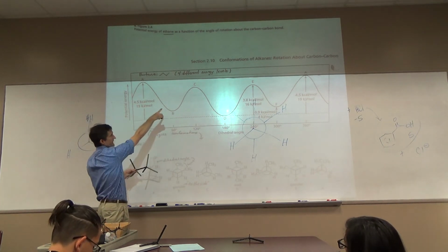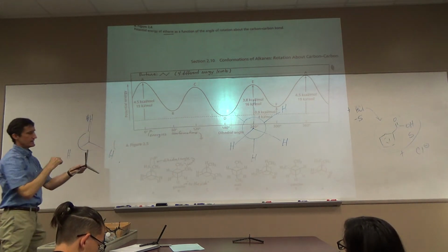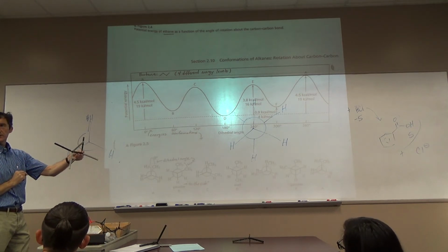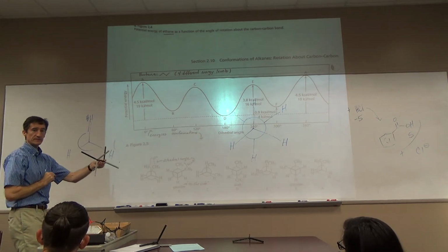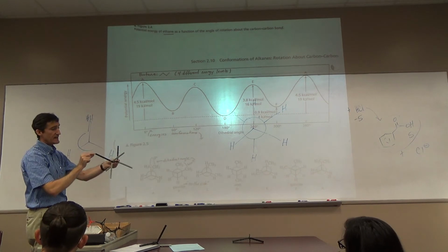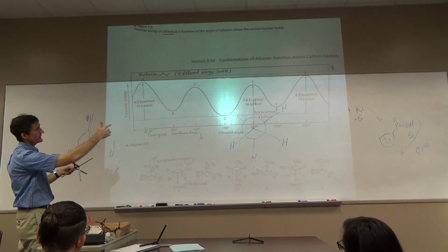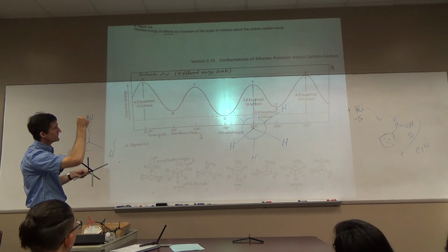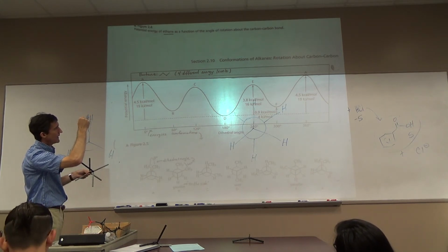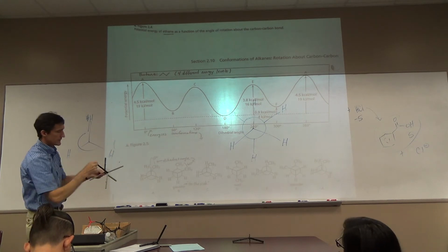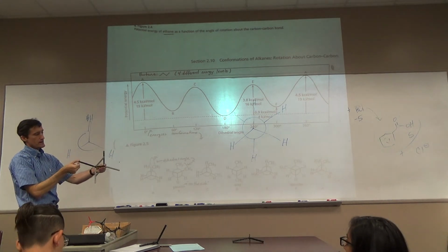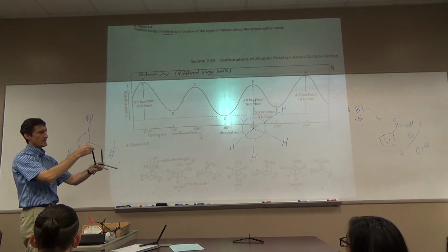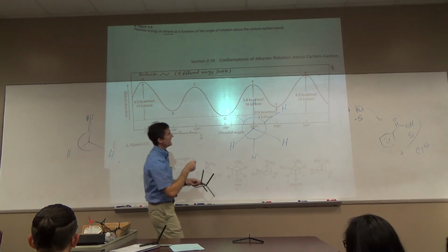That's E. That's just like C, but it's not as bad as A. Come here. What do we got now? Staggered, more specifically, gauche. And that gauche is the same as the previous gauche. So we got F. It is staggered, but it's not as good as anti-staggered. And then we come all the way back for a full rotation, and we're back to A.